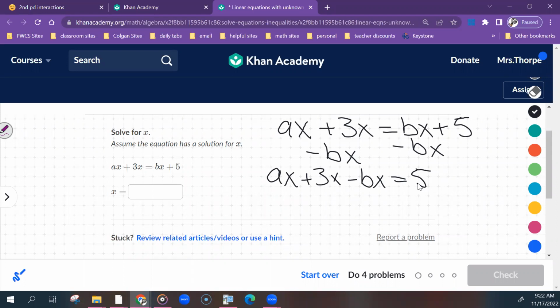Normally when we distribute, we have something outside of parentheses and we multiply it to everything. We want to do the opposite. So if I put X out front, I'm taking it from everything that's there. I'm dividing this by X, so there would only be A left. I'm dividing this by X, so there would only be 3 left. And then I'm dividing this by X, so there'd only be minus B left.